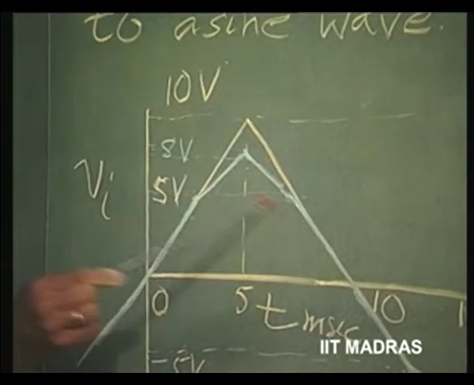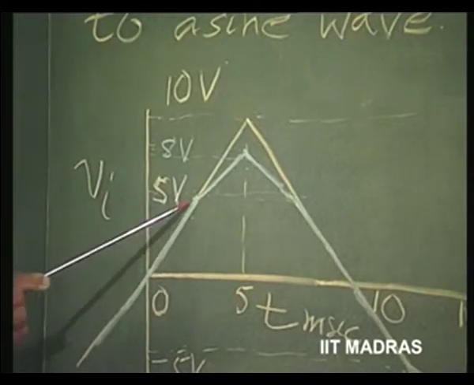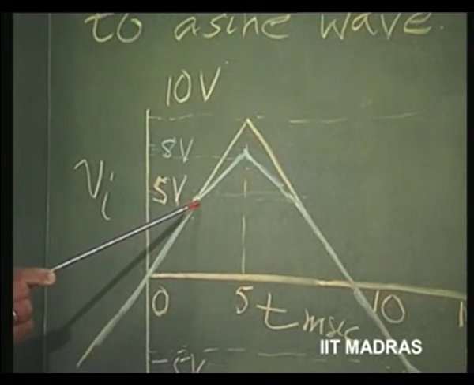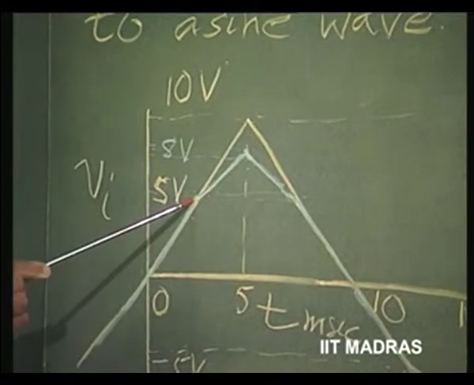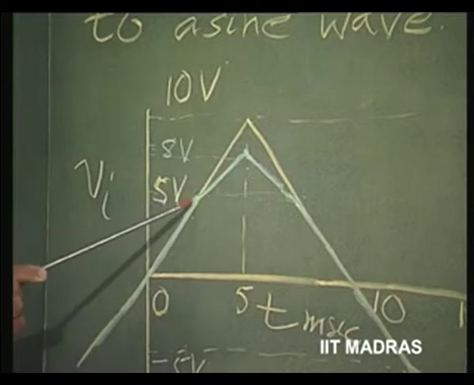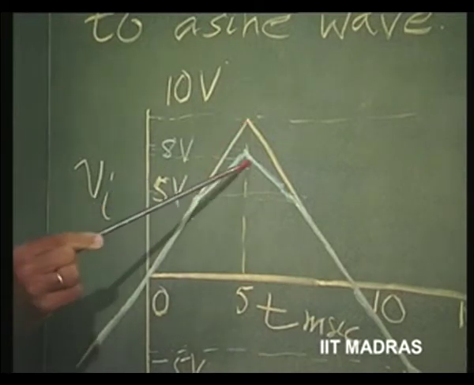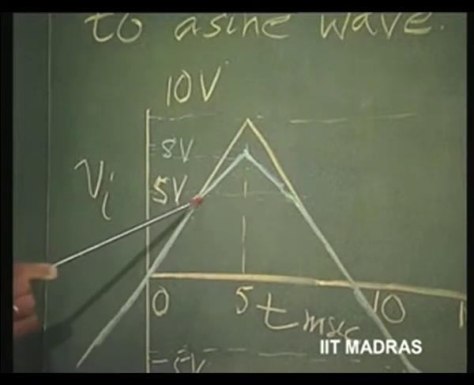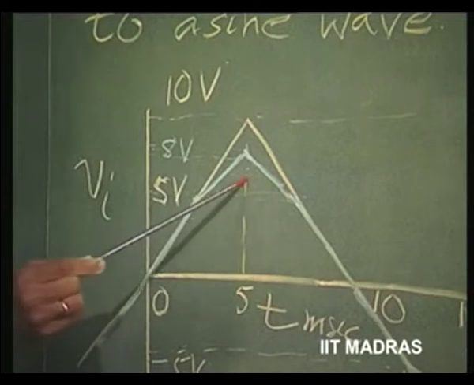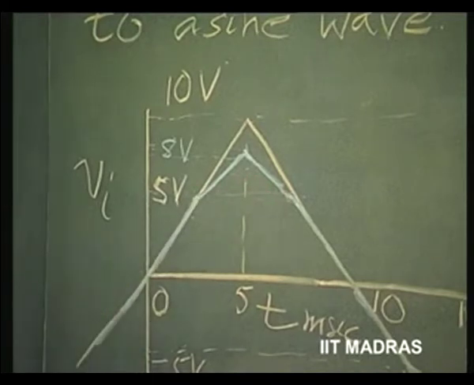In this region, therefore, it is going to follow the triangle with the same slope as the triangle, but here the slope is going to be lesser than that of the triangle. It could be made still less if it is this way. So, depending upon our approximation, we can actually manipulate this peak wherever we want.